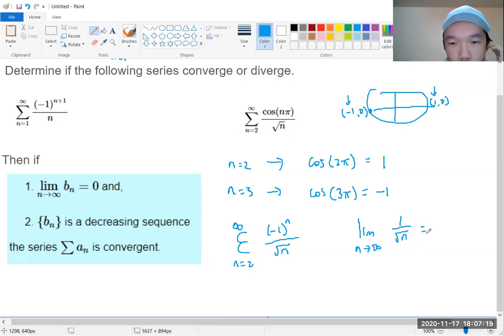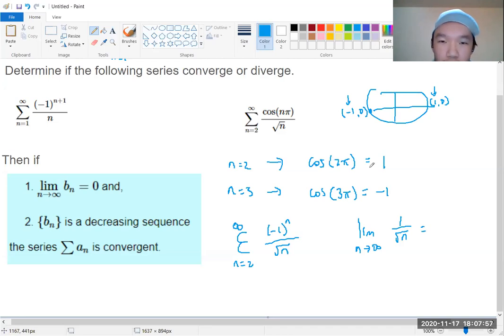And then when you take the limit, does this go to 0? So the cosine doesn't matter. Well, it's not that it doesn't matter, it's just because of the way the cosine values came out, it was technically an alternating series.